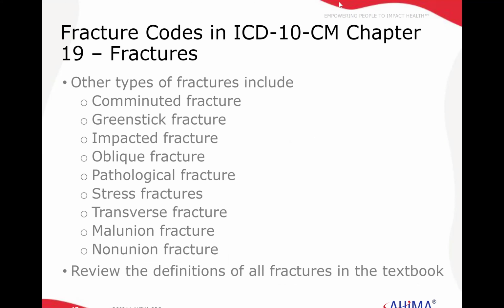Other terms that you may want to be familiarizing yourself with include comminuted fracture, greenstick fracture, impacted fracture, oblique, pathologic fracture, stress fracture, transverse fracture, malunion fracture, and non-union fracture.